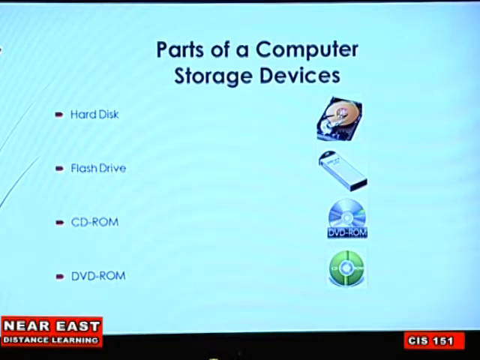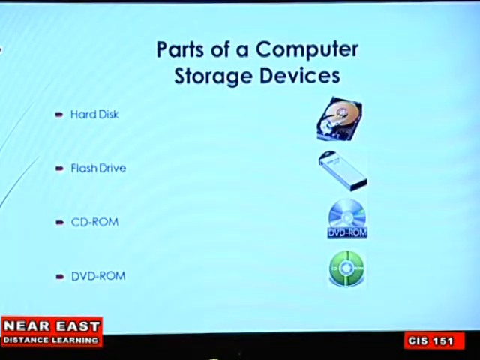Storage devices are also a part of the computer. We can talk about storage devices like hard disk, flash memory, DVD or CD. Hard disk: you can buy it nowadays as an external one, but a computer must have a hard disk, so you can save your data or your information on that hard disk.